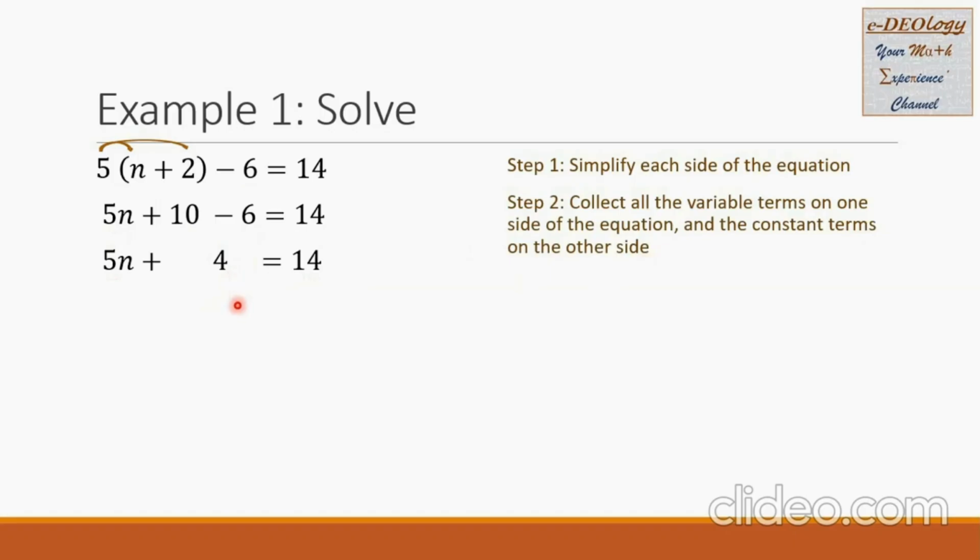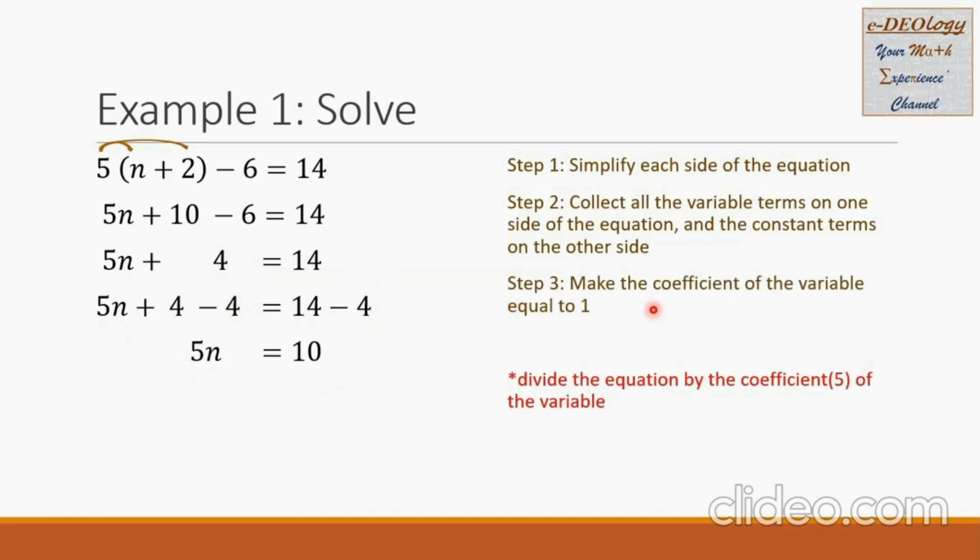What we're going to do is to remove this number 4 by subtracting a value 4 also. But since this is an equation, we should also subtract 4 on the right side. So this 4 minus 4 will be equal to 0. Only 5n comes down. And 14 minus 4 is 10.